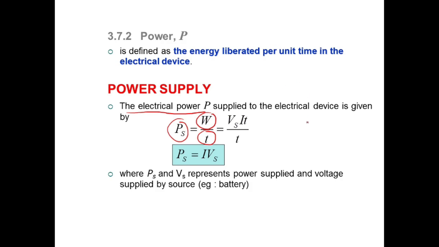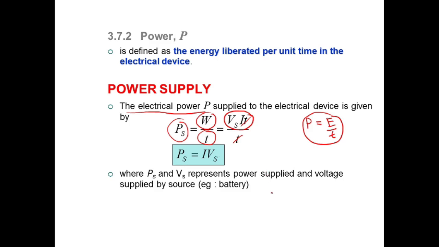If the energy is electrical energy, we substitute it with W, and substitute the formula of energy, so we can simplify the formula as P equal to IV. This is the electrical power supply.